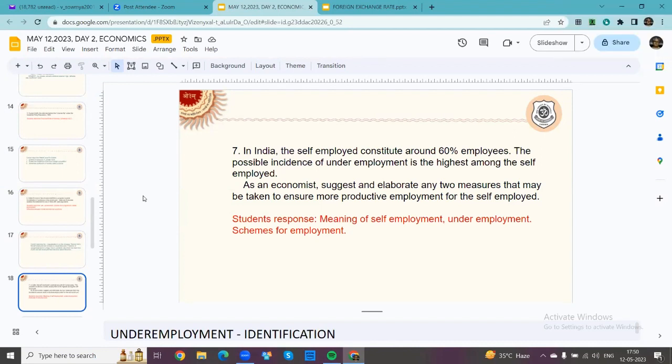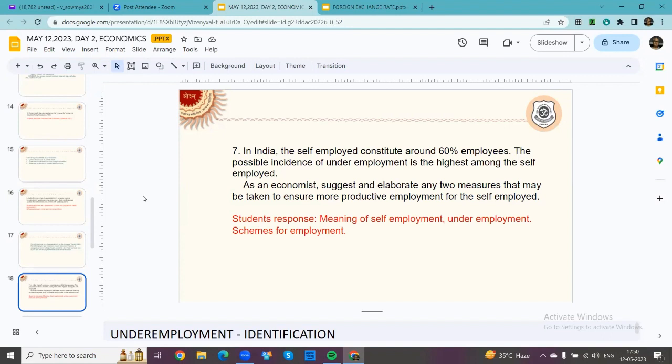First of all, according to me, one measure is that the government can give some financial assistance to the self-employed, or provide loans at a subsidized rate, so that the gestation period is long enough for the investment and the profit to be earned. So the government can work on something, if I'm not wrong.